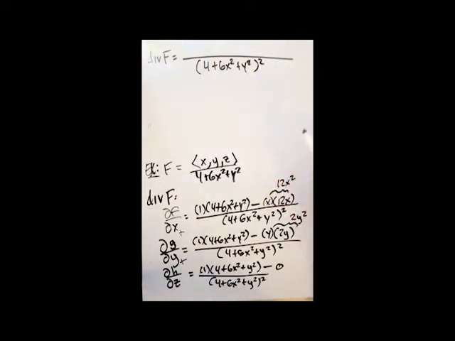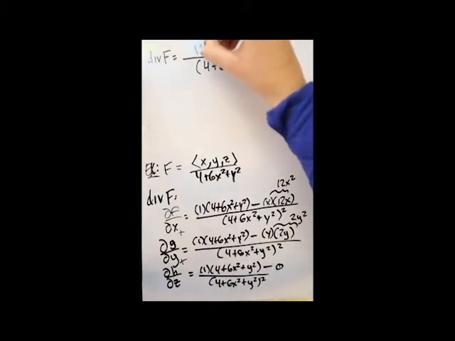We end up with 12x squared when we combine these two factors, 2y squared when we combine these factors, and let's combine like terms. Each numerator begins with a factor times 1, so we combine our constants: 4 plus 4 plus 4, we end up with 12.